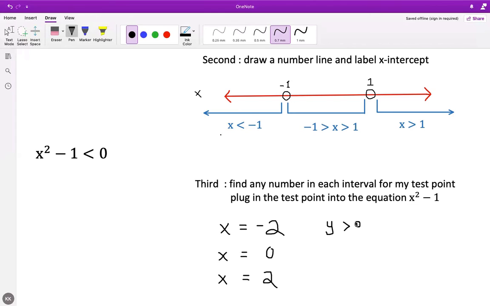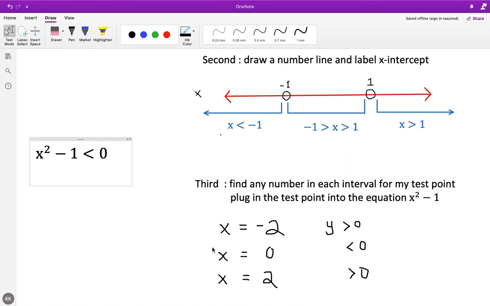What about x equals 0? When I plug in x equals 0, 0 minus 1 gives me y less than 0. What about x equals 2? I get 4 minus 1, which is 3, so y is greater than 0.